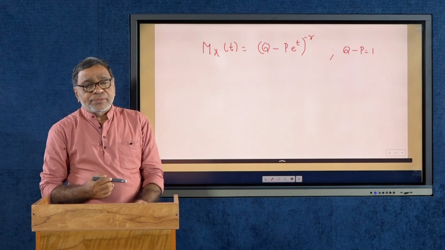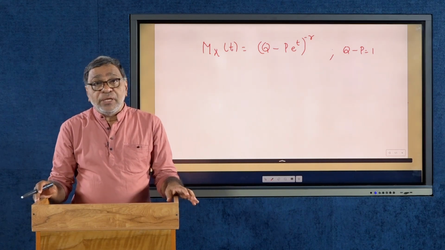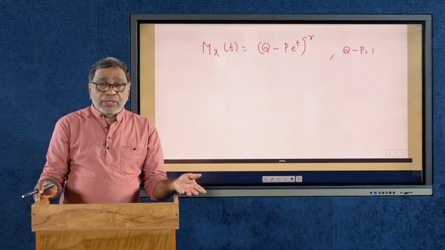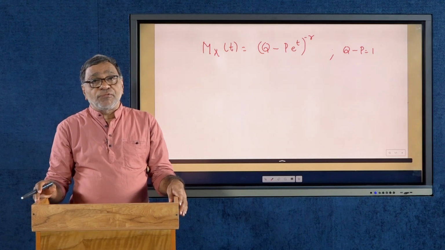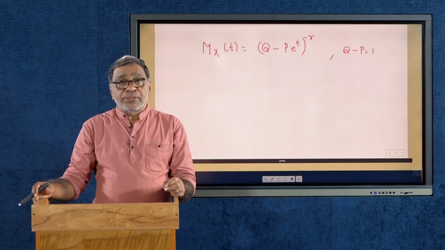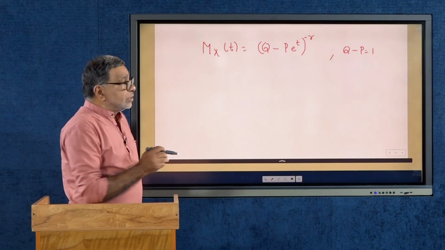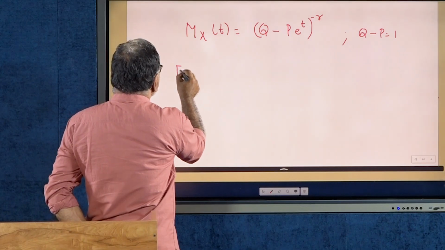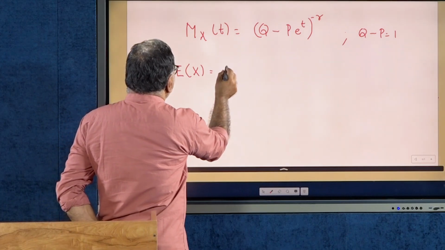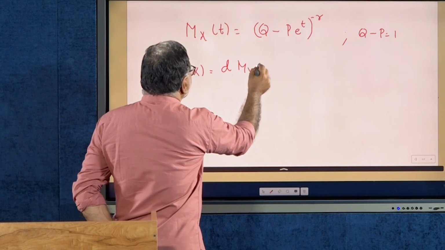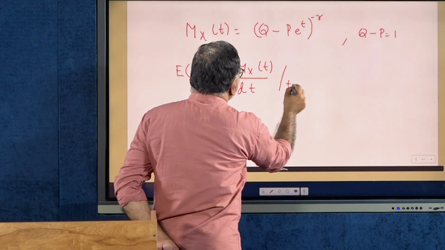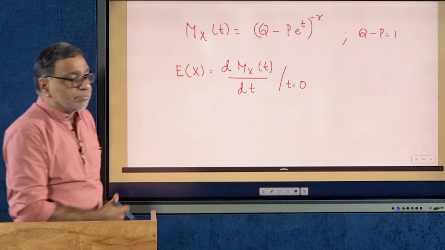How do you find the mean and variance of this random variable? We can use the usual technique of differentiating the moment generating function and putting t equal to 0 to get the arbitrary moments. Let me find the first moment. Expectation of X is the derivative of the moment generating function with respect to t at t = 0, if the function is differentiable.